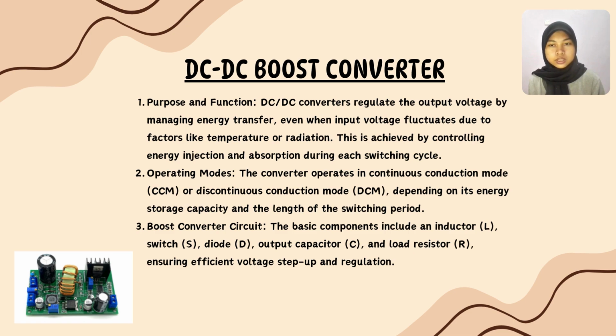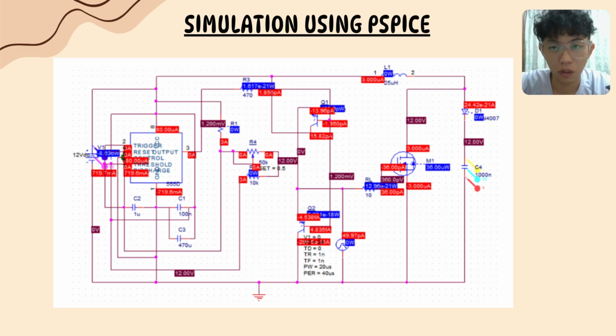In the simulation part, we simulate our project using the PSPICE application. The simulated circuit is a boost converter that uses a 555 timer based pulse width modulation (PWM) signal generator to control the switching of a MOSFET.